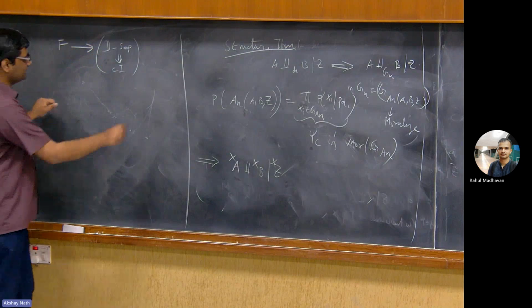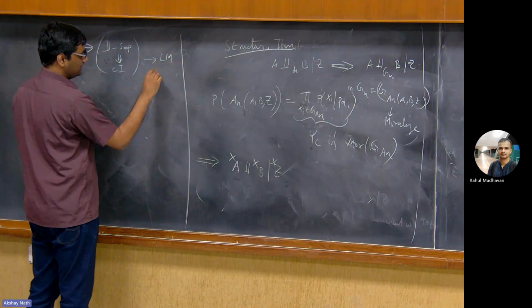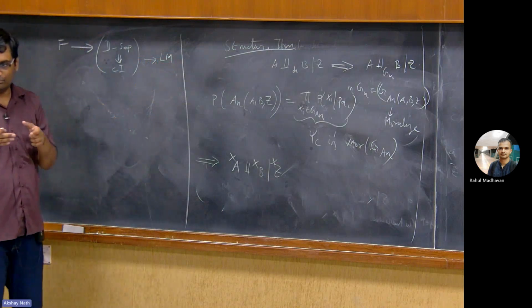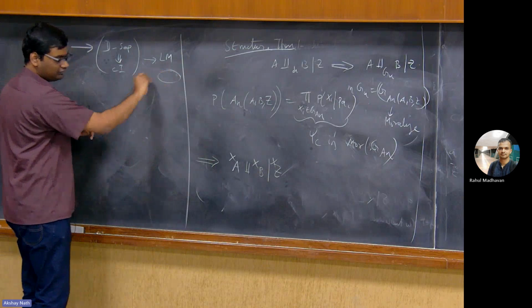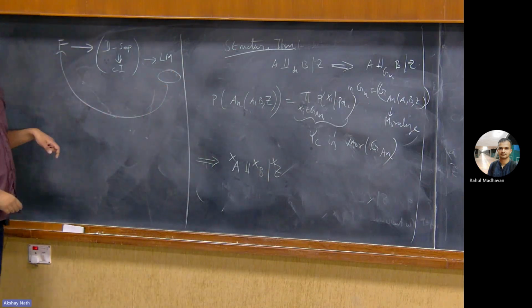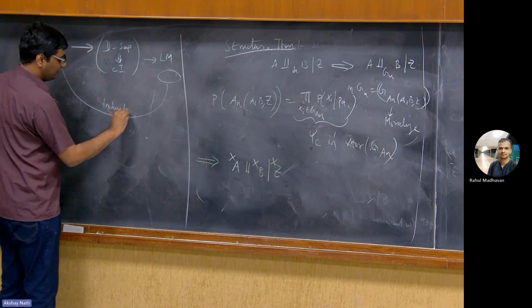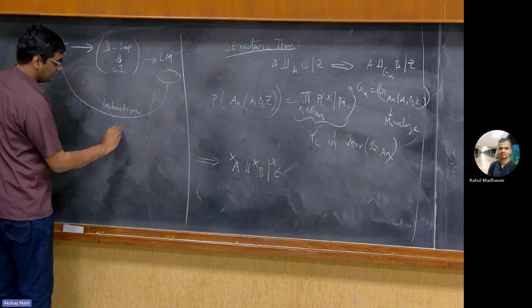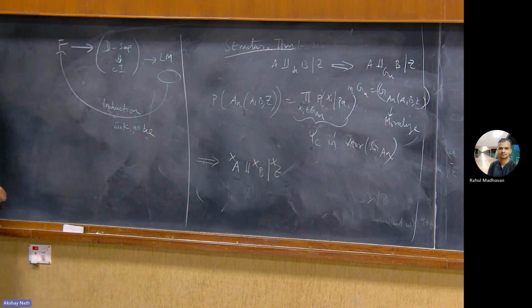The easier way to do it is first prove that this implies the local Markov property, which is conditional independence only with respect to parents. Then you show that if that happens for all nodes, then factorization holds. That argument just involves induction, noting that there is always a sink node.